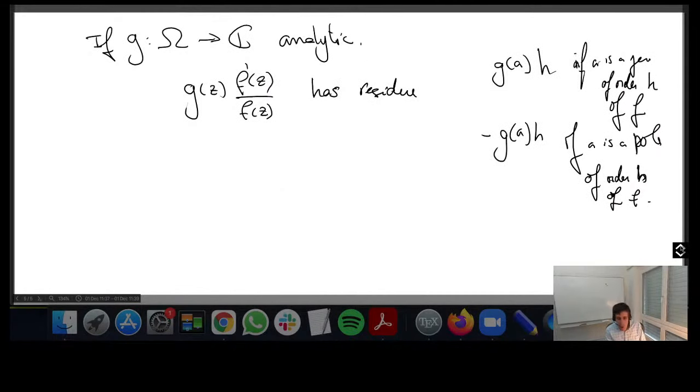You get many formulas from this. You'll see a few more of these in exercise classes, but a useful one is that you can actually say something about the inverse.